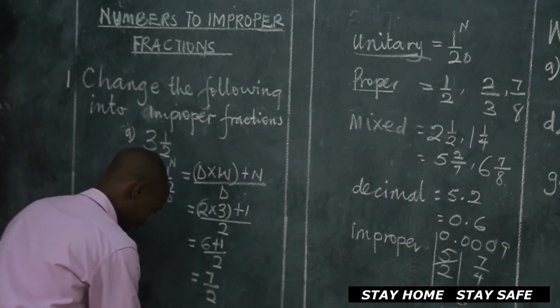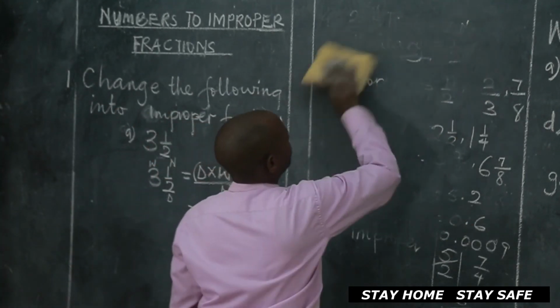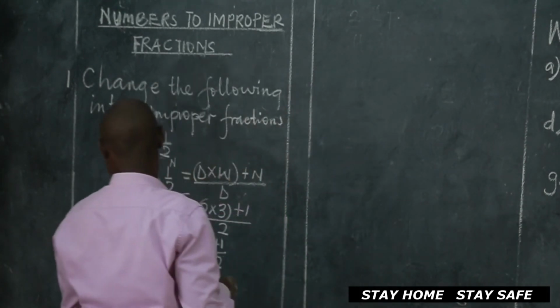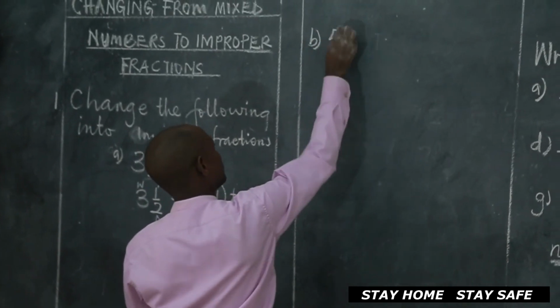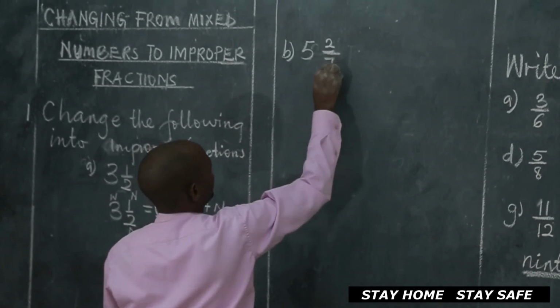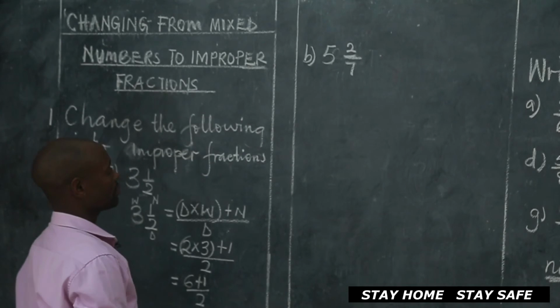Let's look at another example. Here we have 5, then 2 out of 7. 5 whole numbers, 2 out of 7.